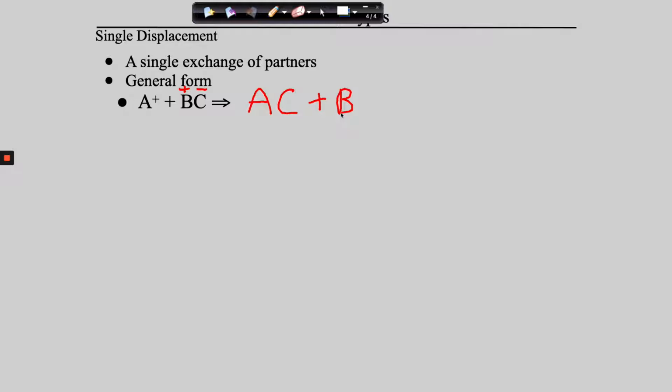You got Sally and Jim dancing together, and Larry comes over and goes, hey, can I dance with Sally? Who just got kicked out of the couple? Jim. Same thing's going on here. You've got B and C hanging out dancing together, and A comes in and goes, hey, can I hook up with C? And B stupidly says, okay, and B goes home alone, and A ends up with C. Get the idea? That's the displacement.